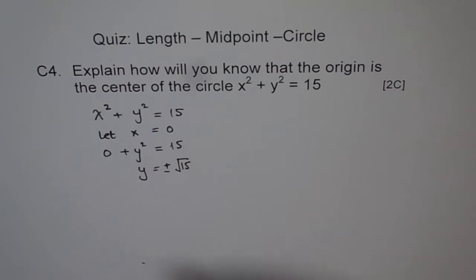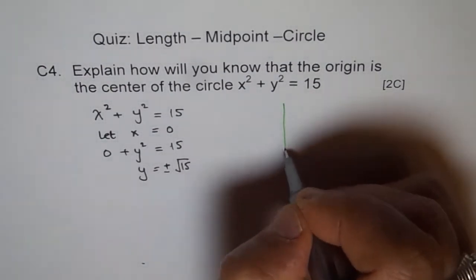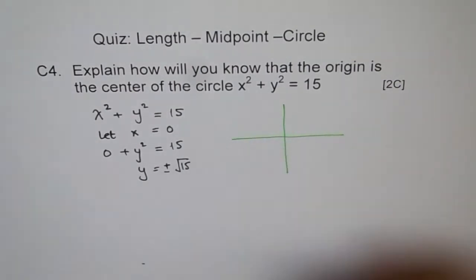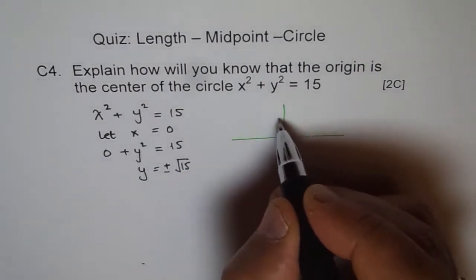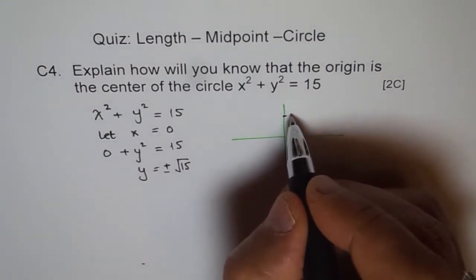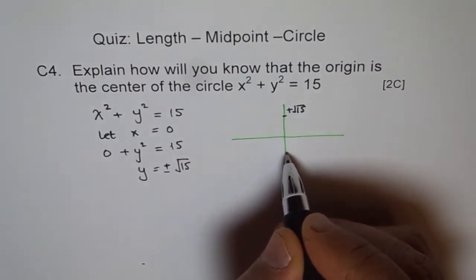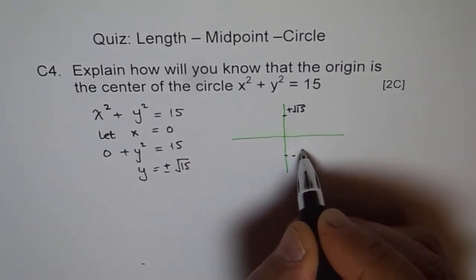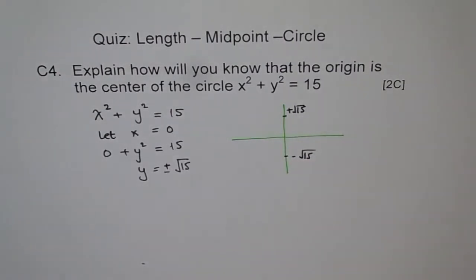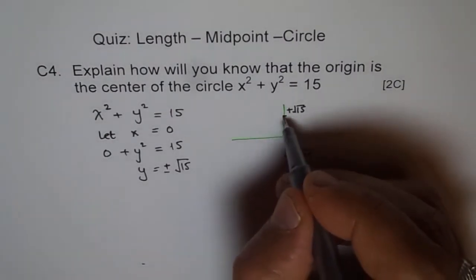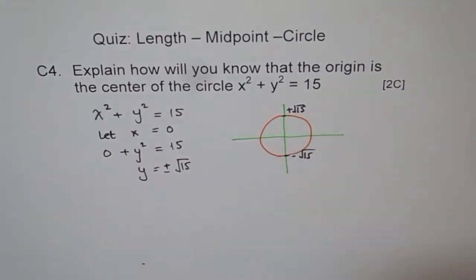If you have a graph here, when x is 0, y is plus square root 15 here, and here we have minus square root 15. So we got these 2 points on our circle, right? So let's draw this circle, kind of. So this is our circle.